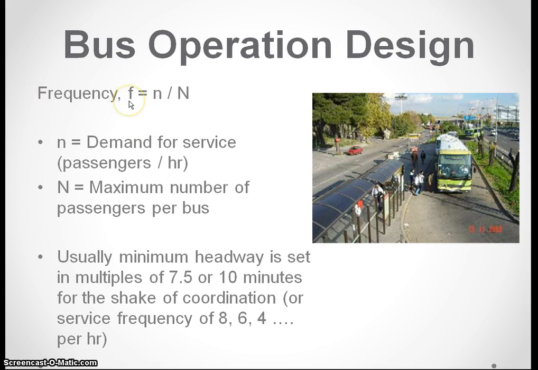The frequency is equal to demand for service in terms of passengers per hour, divided by capital letter, uppercase, the maximum number of passengers per bus. This is very logical, and usually minimum headway is set in multiples of 7.5 or 10 minutes for the sake of coordination, or service frequency of 6 per hour.